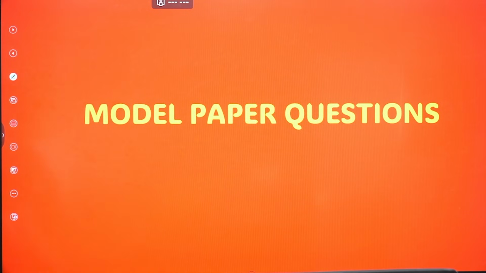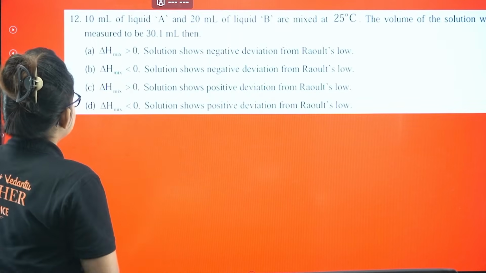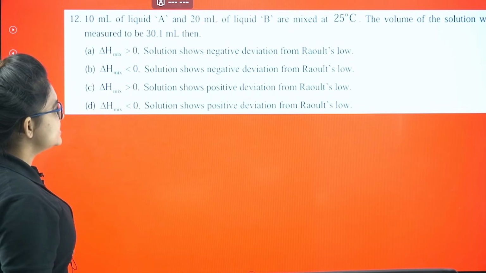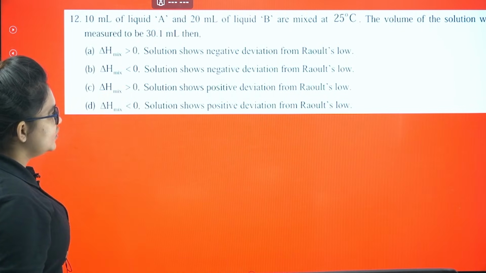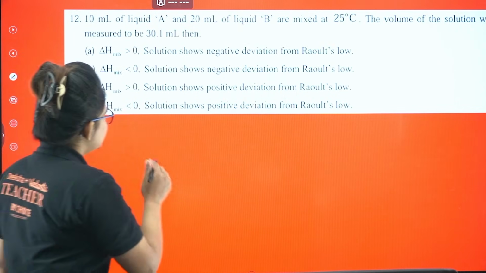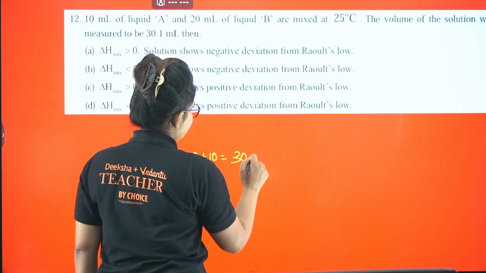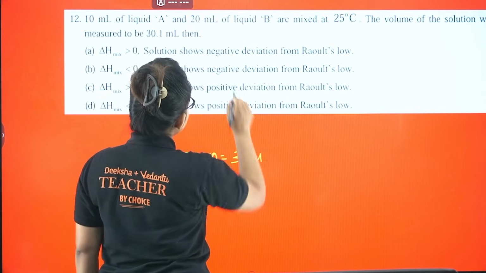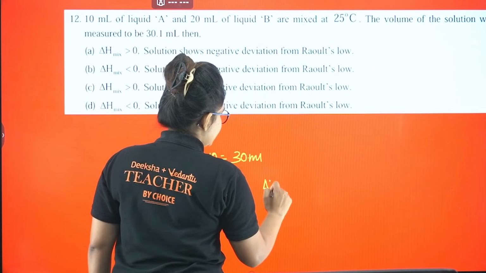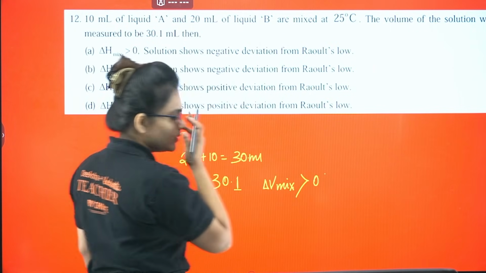Okay, so we should proceed with some model paper questions. Let's start. Here you can see 10 ml of a liquid A and 20 ml of a liquid B are mixed at 25 degrees Celsius. The volume of the solution was measured to be 30.1 ml. So 20 plus 10, if you add them, it should be 30 ml, right? But here they are getting 30.1, means delta V mix is greater than 0, right?